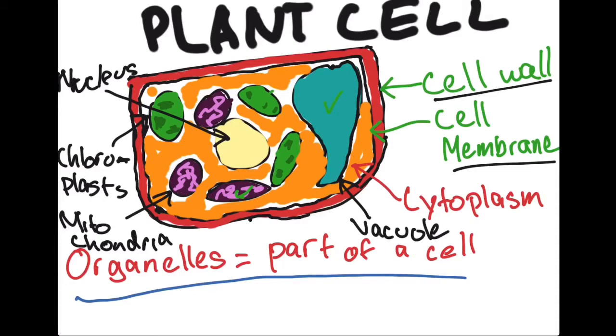Next is the cytoplasm. Cytoplasm is all of this orange marker inside the cell. It's a gel-like substance which is not as thick and wobbly as Jello, but it's a little more runny, and it protects the organelles from bumping into each other and ruining each other's functions.